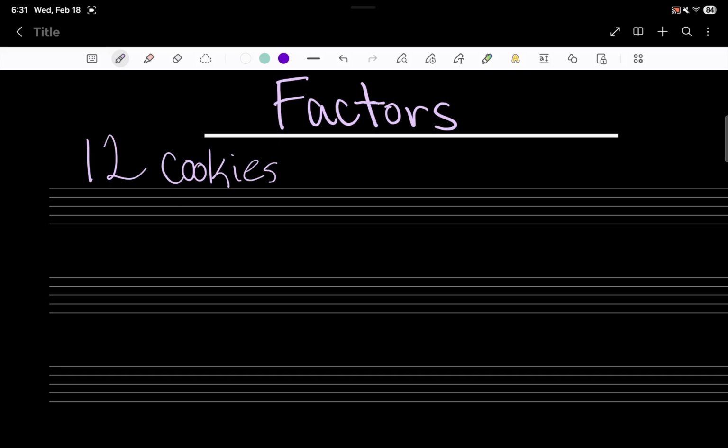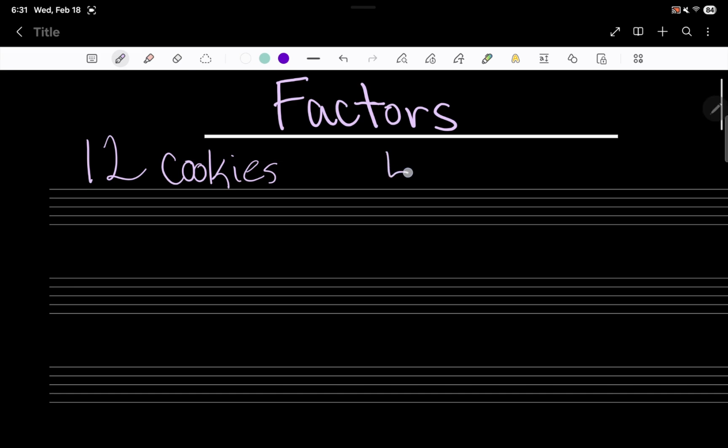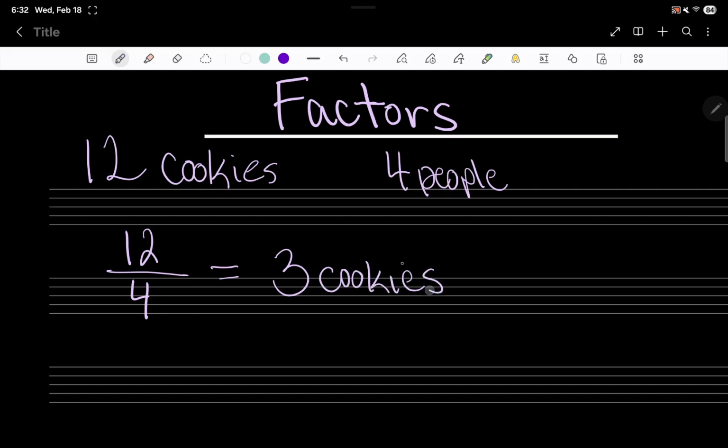If we have 4 people and we want to share 12 cookies amongst 4 people, we divide 12 divided by 4 equals 3, which means that every person gets 3 cookies evenly. And that's because 4 is a factor of 12.